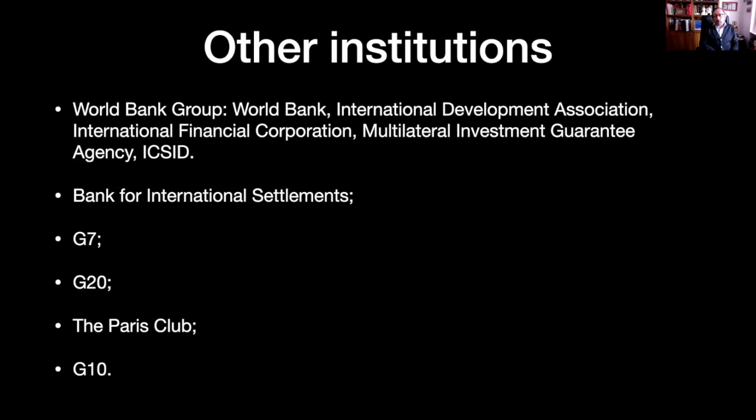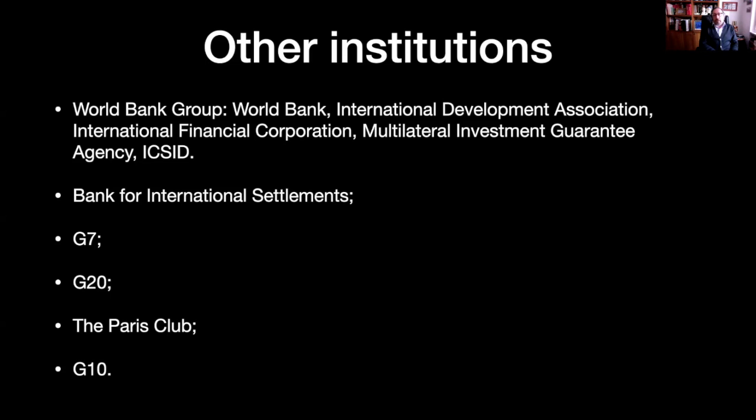Some I've already mentioned, the G7 I've already mentioned, the G20, which is a more representative group of developed and developing countries. The Paris Club is the club of international creditors. So international creditor states have this club, and it has important actions, for instance, with regard to debt reduction and debt pardons, particularly to least developed countries.